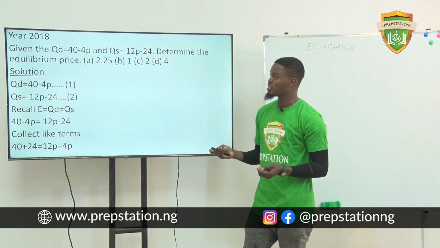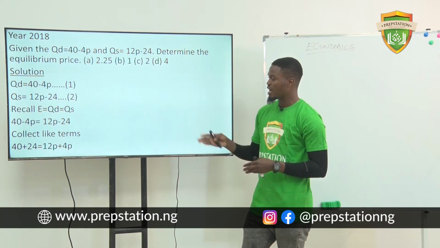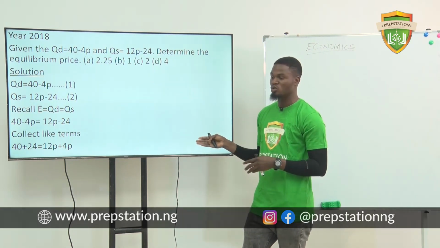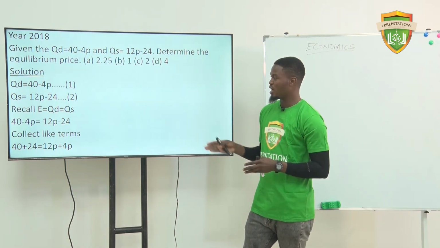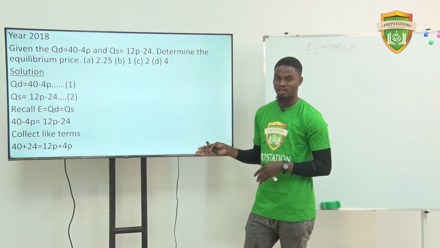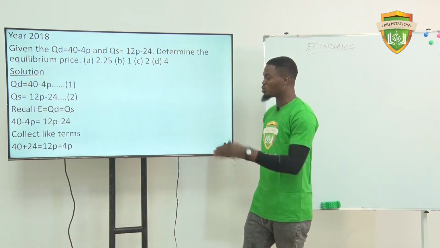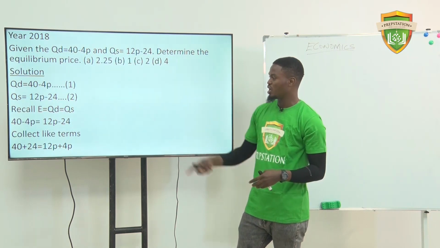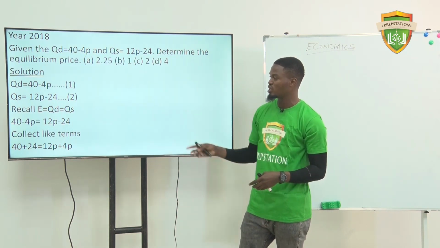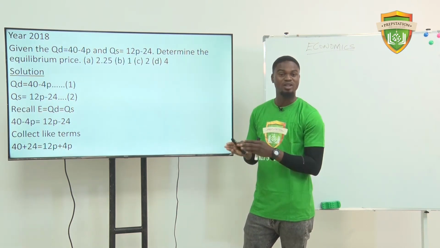However, you will still get your answer the other way. But mind you, I chose this way because some people get confused with the signs. I chose the easier way, because moving a term from one side of the equation to the other changes the sign automatically. So if you notice, the 24 at the right side of the equation was minus 24.